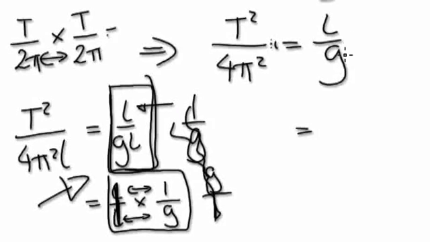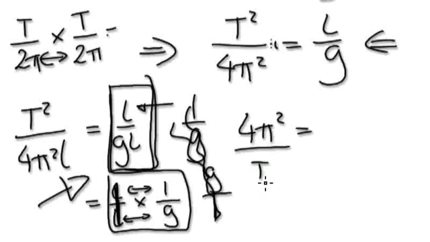So here, we have to get G on top. So when you're here, take the reciprocal of both sides. So you have this 4 pi squared over T squared, and then take the reciprocal, which is G over L. Now G's on top.